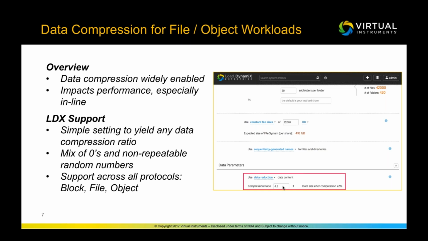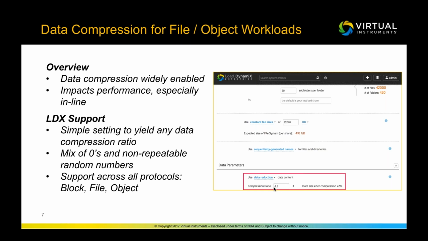We'll do the rest of the work necessary to generate the data content behind the scenes and send it over the wire, so that your storage array's data compression algorithm should be able to compress the data to achieve the specific compression ratio that you specify during the test.